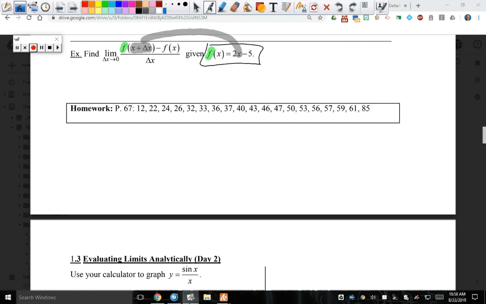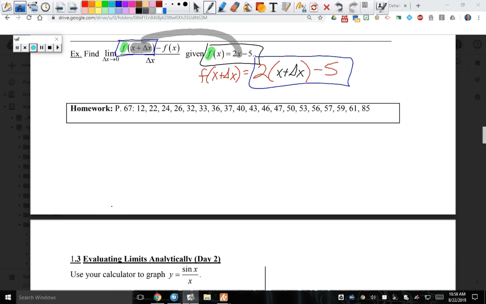Okay? So what I'm building right now is f of x plus delta x is actually equal to throwing that in right there. What I just did, all of this right here, boxed in blue, all of that is that.